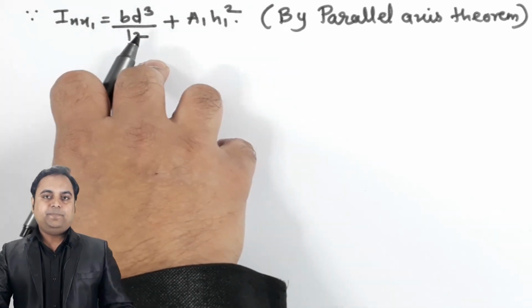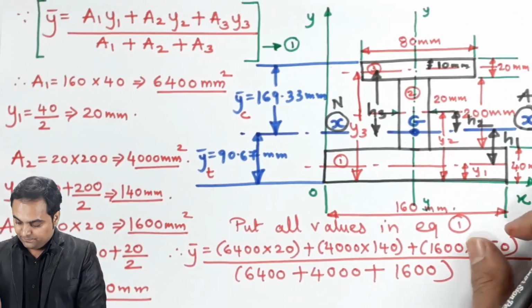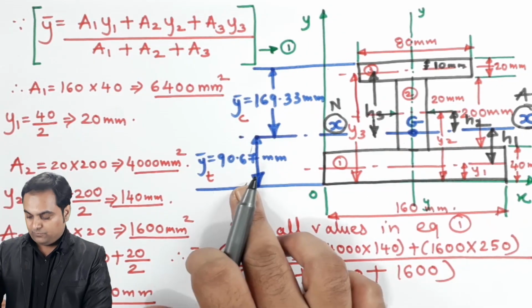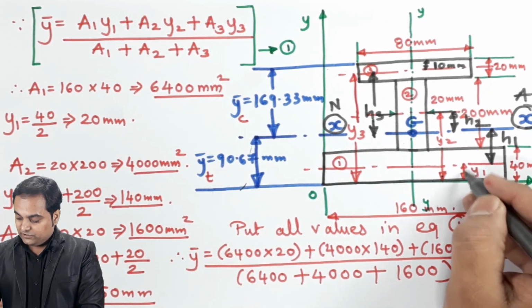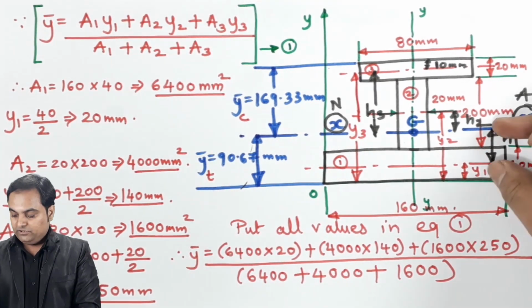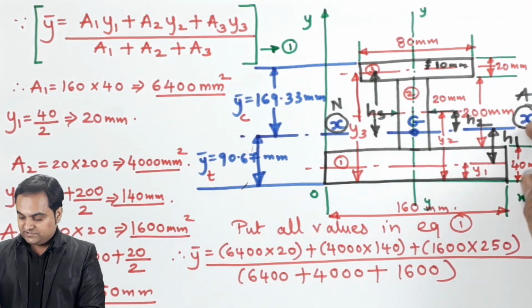And why am I using the parallel axis theorem? The reason being simple: the x-axis for the complete system is at 90.67 from bottom, whereas the x-axis for rectangle 1 is at distance y1, so there is a distance h1 between the two axes. That is why we have to use the parallel axis theorem.